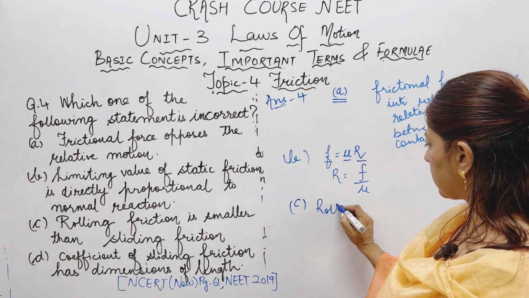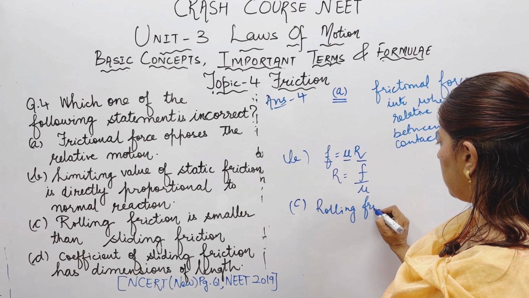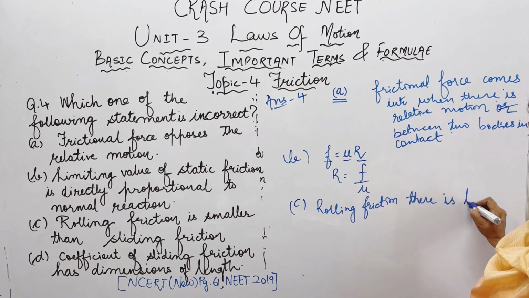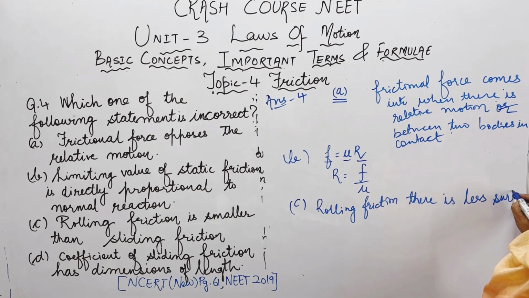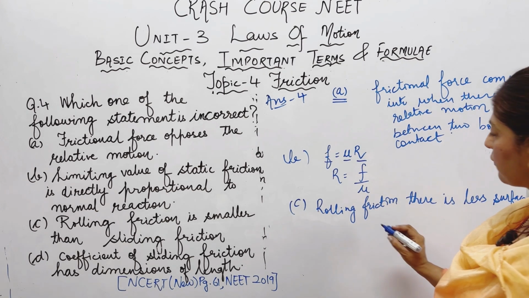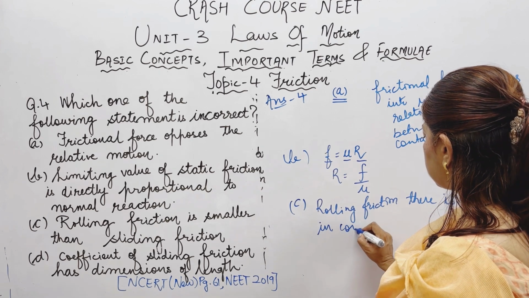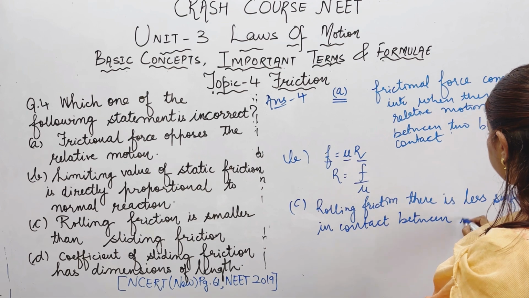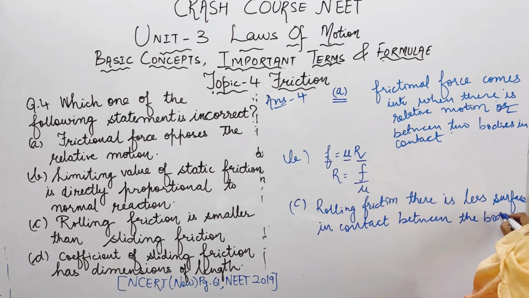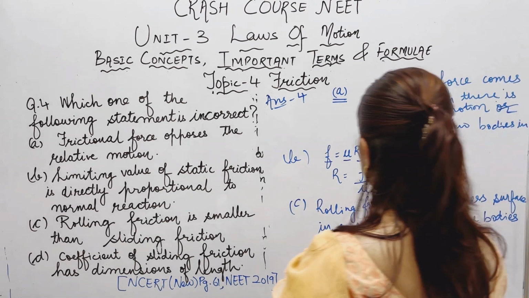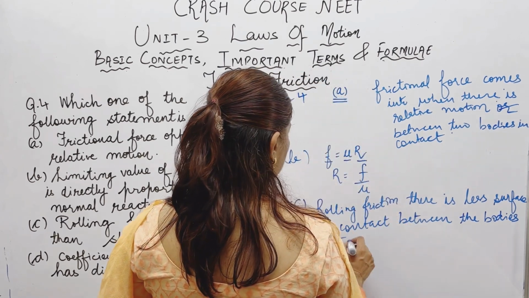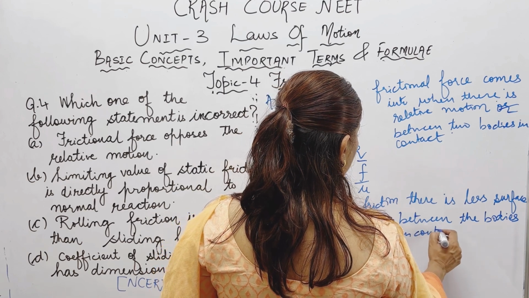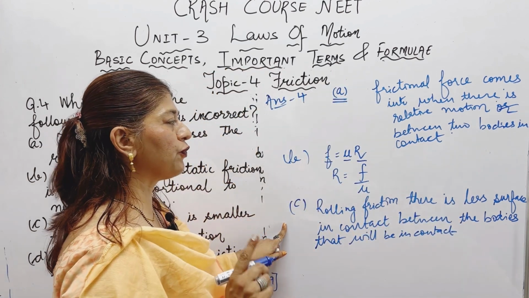In rolling friction, there is less surface in contact between the bodies that will be in contact, or we can say there is only one point of contact.